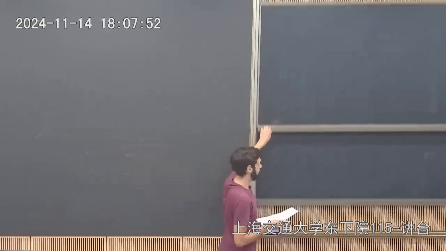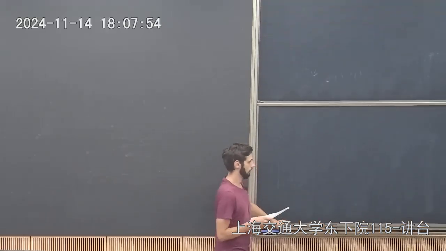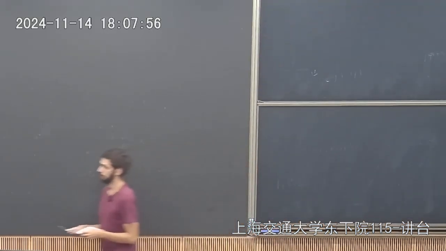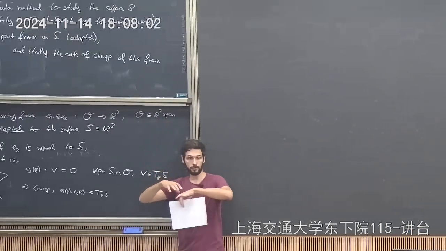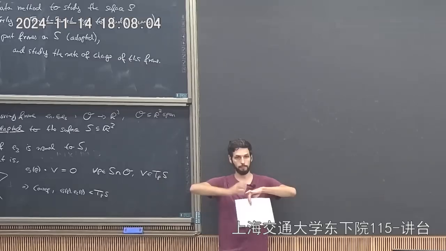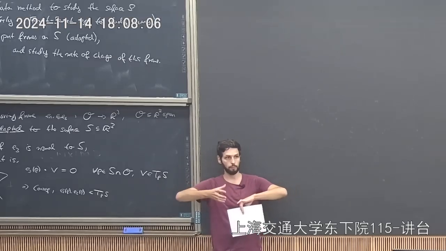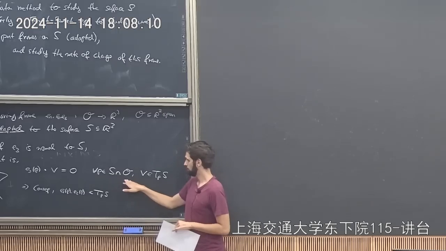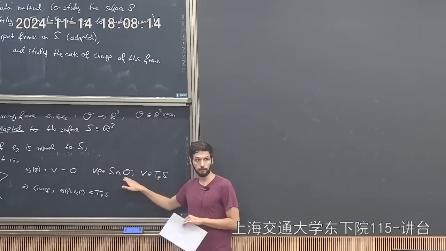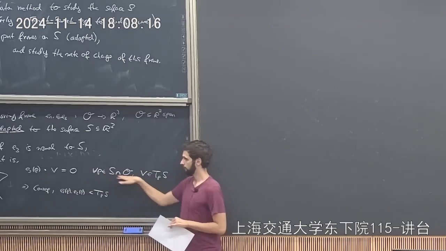The point here is that the frame might exist only locally. This one is only defined on an open subset, so we might only get the frame on a local patch of the surface. This requirement that P has to be an element of the surface intersected with the open subset means that we don't require it for all P's.